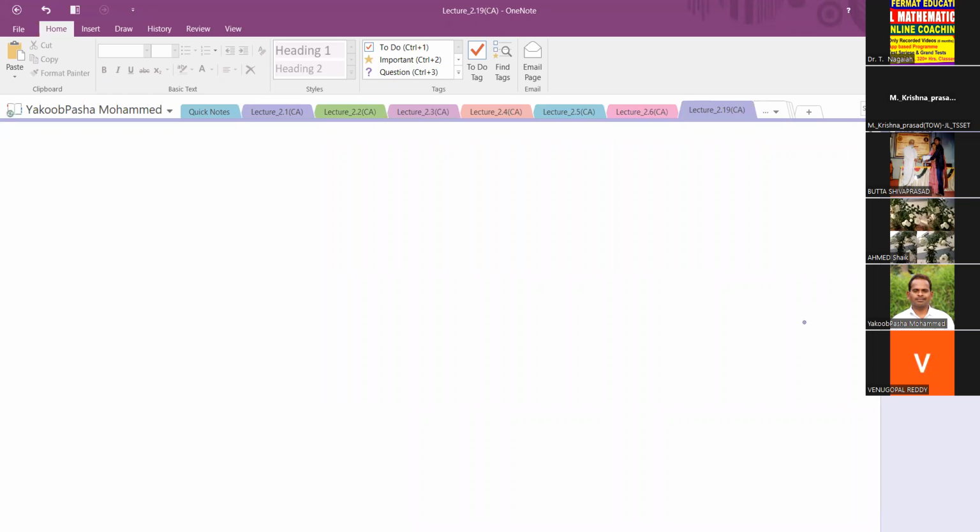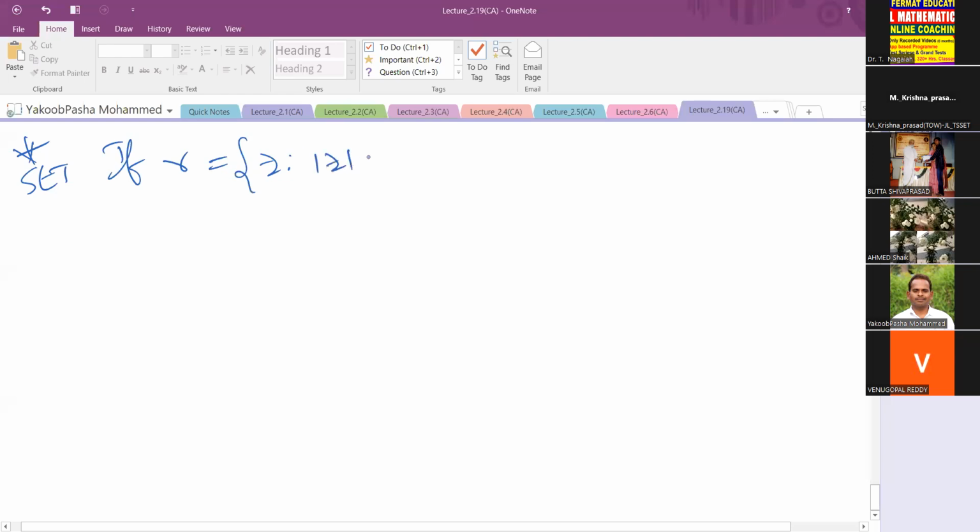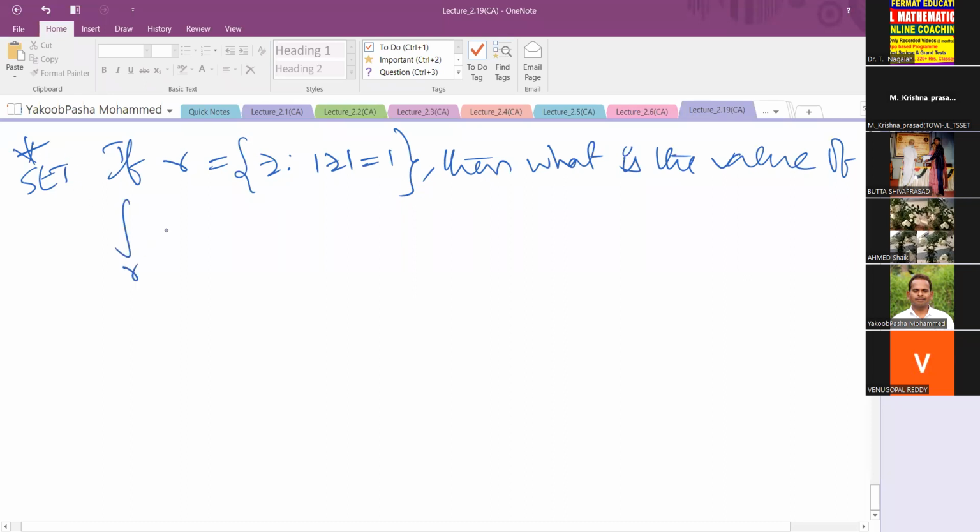If R is equal to the set of z such that modulus of z is equal to 1, then what is the value of the integral over R of cos z divided by z square into (z minus 2) dz? Question mark. We have options here.